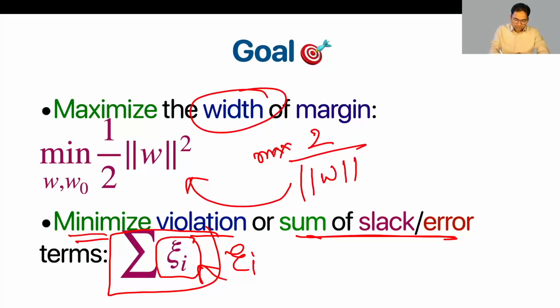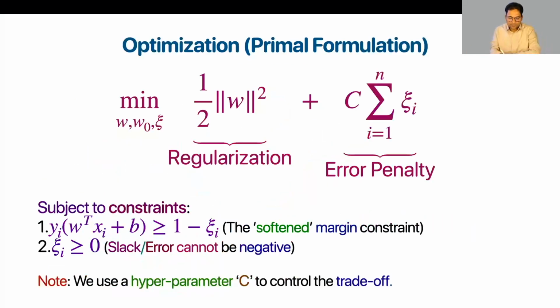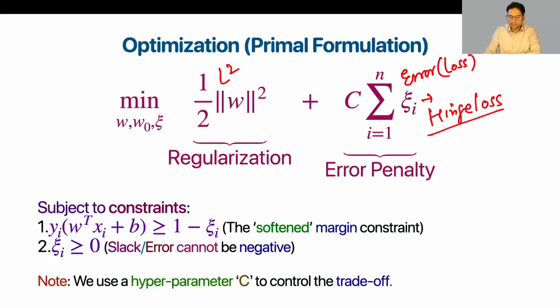So both of these we have to combine together, and I'll show you in the next. So this is nothing but your regularization term, L2 regularization term, and this is your error penalty or the loss function, the loss xi formula, and this will be like a hinge loss. This is the error. How do we get this? We get it by the hinge loss formula, right? Max of 0 comma and then the error, whatever is the error.